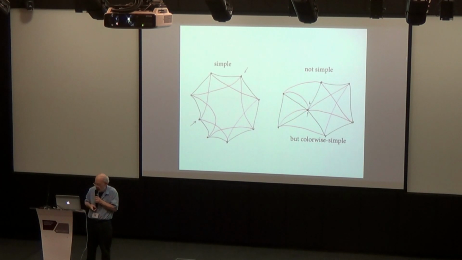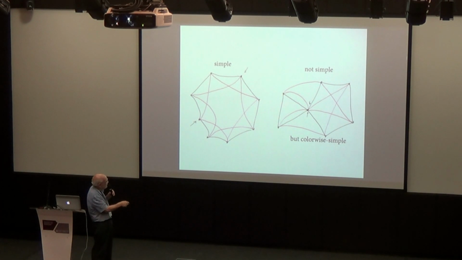This first graph is simple. Between any two vertices, there's at most one edge. It's sometimes black, sometimes red, sometimes none. But just for fun, let me identify these two vertices and get another graph.